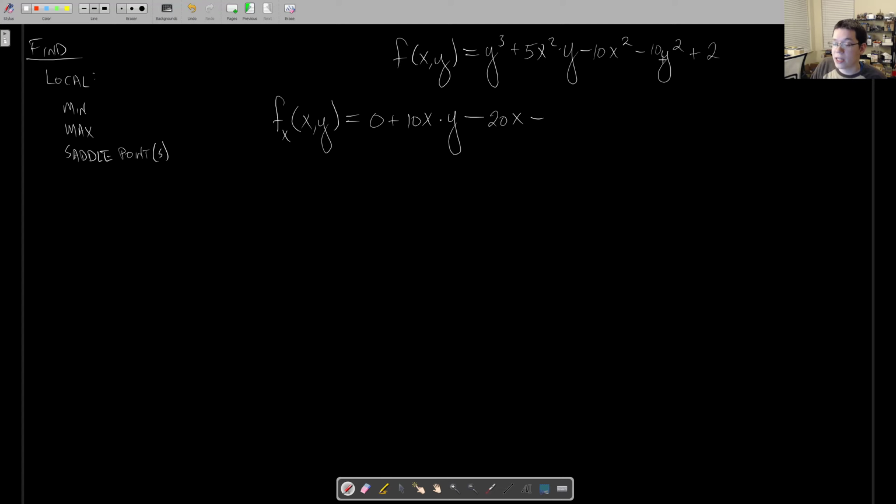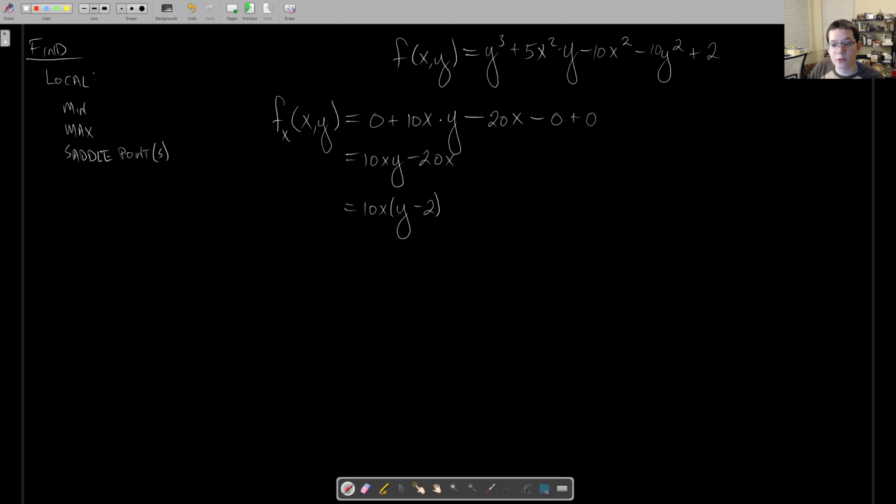Derivative of 10y squared with respect to x is 0. Derivative of 2 with respect to x is 0. So we're left with 10xy minus 20x. And if we want to, we can factor and go 10x times y minus 2.